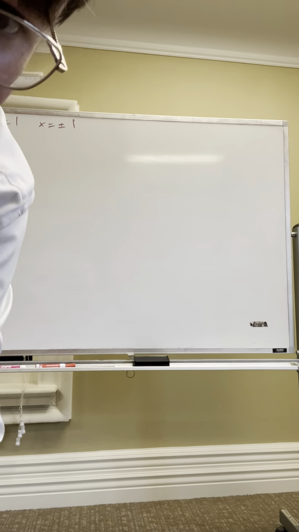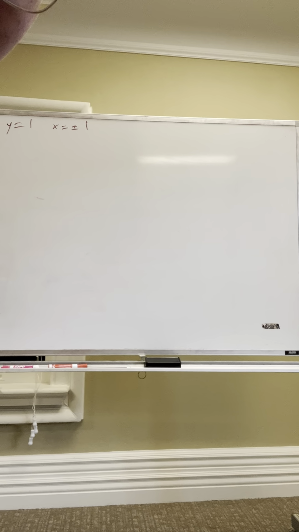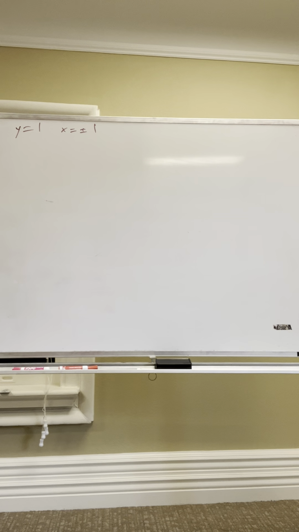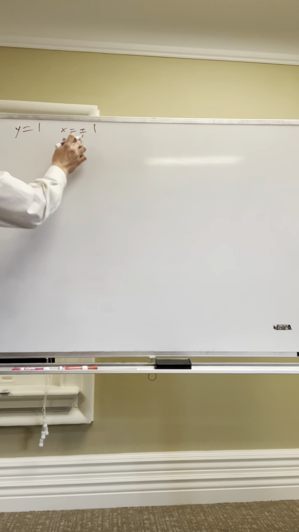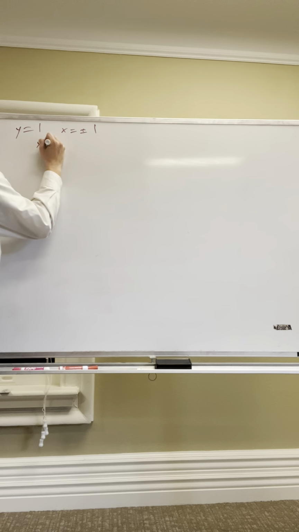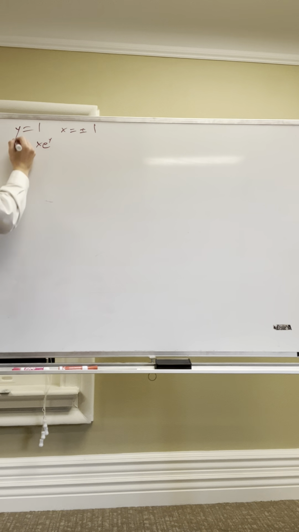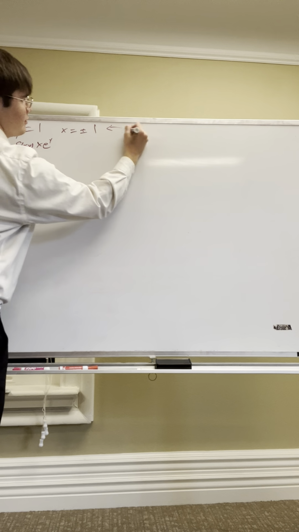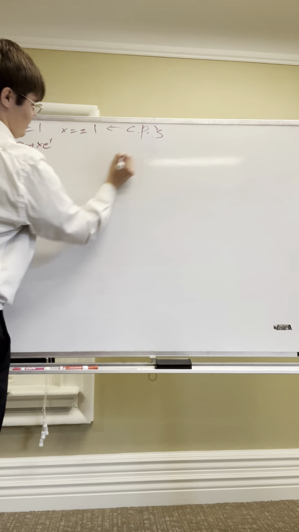Okay, so now that we know we have our points, are you guys able to see that? There we go. y equals 1, and x equals plus or minus 1. We can now plug that into the equation, which was x e to the y. These are our critical points, and now we're going to test them.